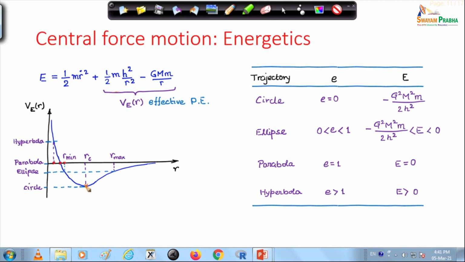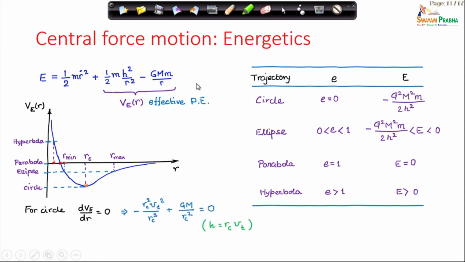And it has only one solution, and you can find that by differentiating. You see this is the minima point of the effective potential energy. Therefore, if you differentiate the effective potential energy with respect to r and put it to 0, you will get the radius of the circular path, which is r c, as marked here. So, for a circle, just take the derivative, because the slope at this point is 0.